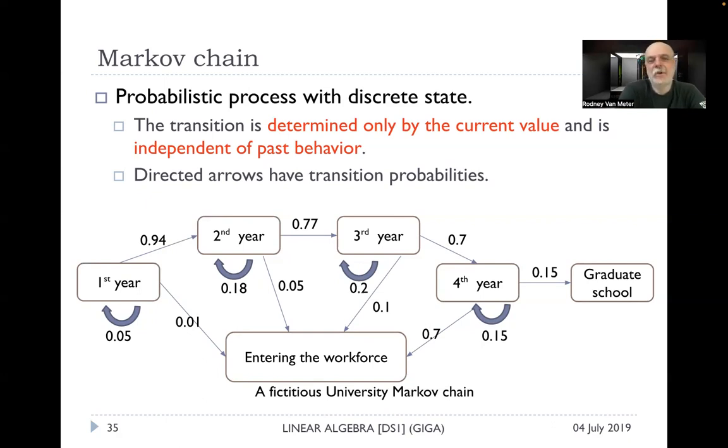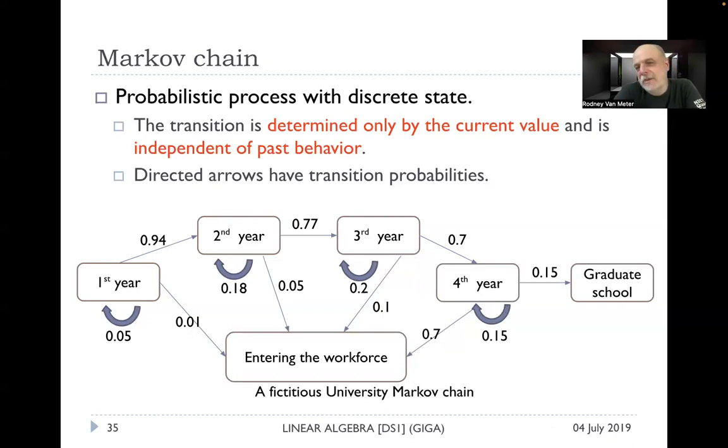So the example that's shown here on the screen, this is something I made up describing the transition probabilities at Markov University, let's call it. Let's say you have to spend 4 years at Markov University in order to actually graduate, and then once you graduate, you're going to go either to work or to graduate school.